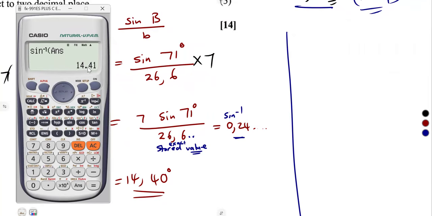If you used the rounded-off value, your answer would be 14.41, which is okay. Use it as it is.